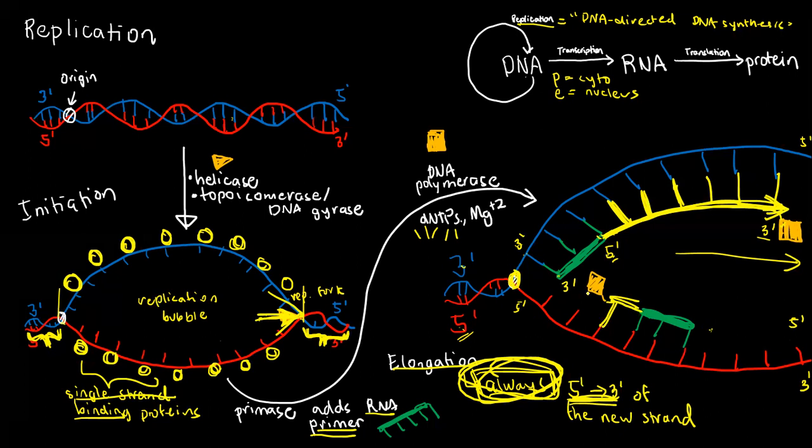Why is it right here? That is because we admitted that we have no choice but to first put the primer somewhere in the middle, and then because we need to follow 5 prime to 3 prime, we go here. And thus, my polymerase is actually going to the left as far as the red strand is concerned.